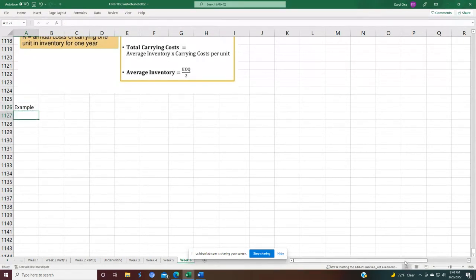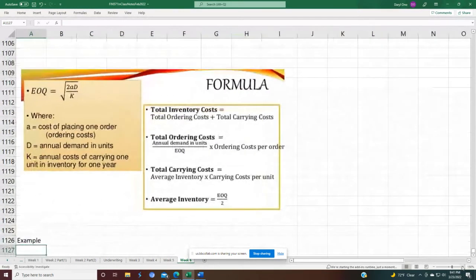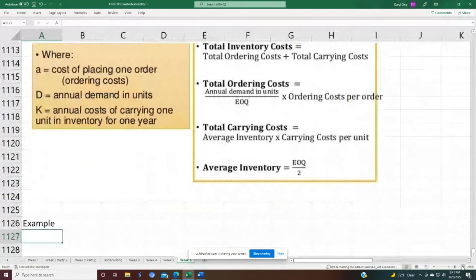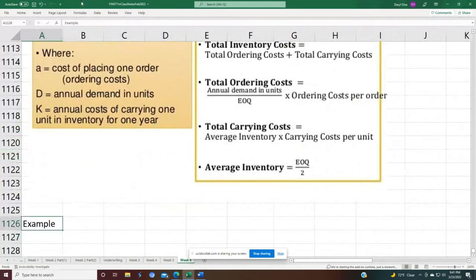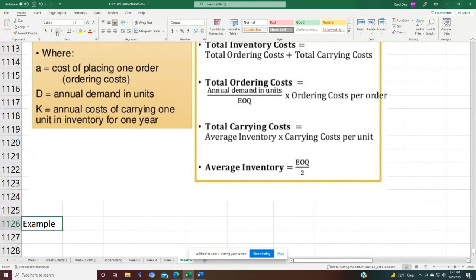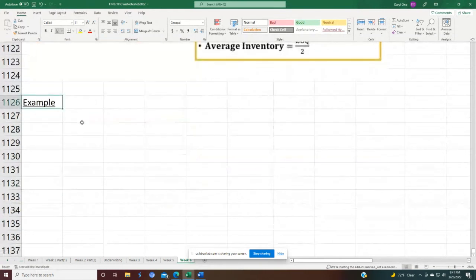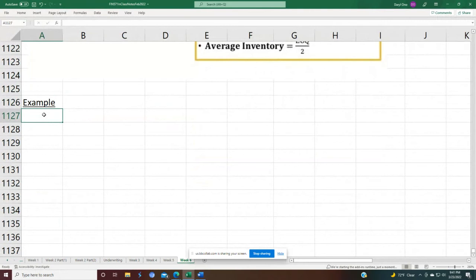Make this bigger. Okay, so let's say then that the annual demand for this item, I'm just making up all these numbers now, let's say that this is 20,000 units.